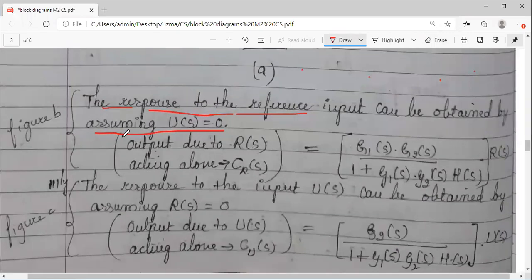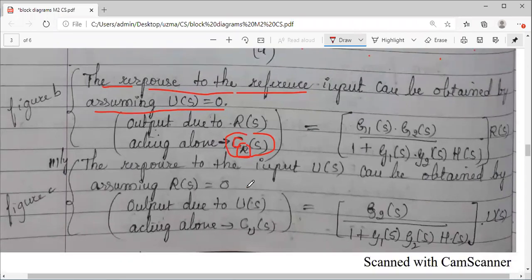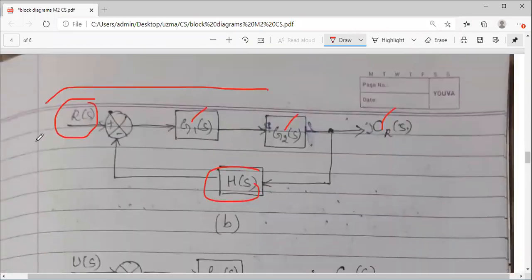So how will you get the output? I am denoting output as CR, not simply C, because this indicates your controlled output because of the input R, that is the reference signal, R of S. So CR of S will be, tell me what is the transfer function we get?